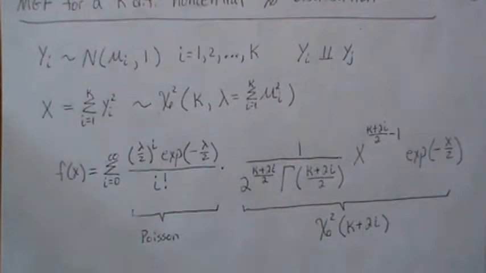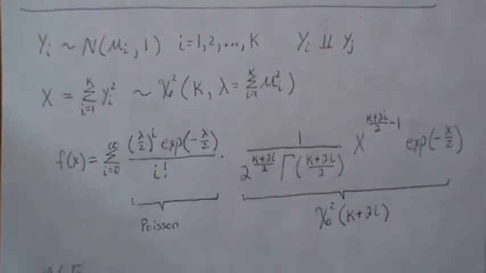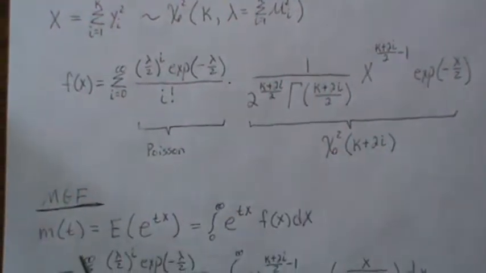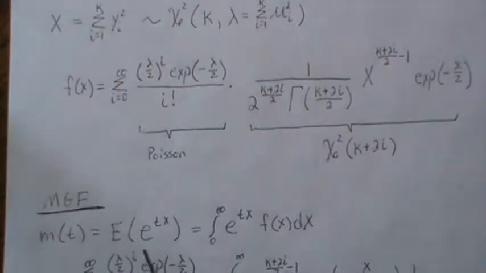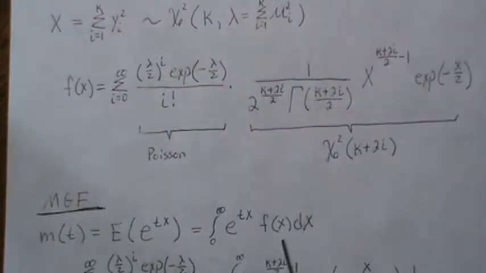But now we want to derive the moment generating function for this non-central chi-square. You generically represent that as M(t). That's the expected value of e to the tx, which is you plug in e to the tx times f of x, integrated over all possible values, the domain, and that's it.